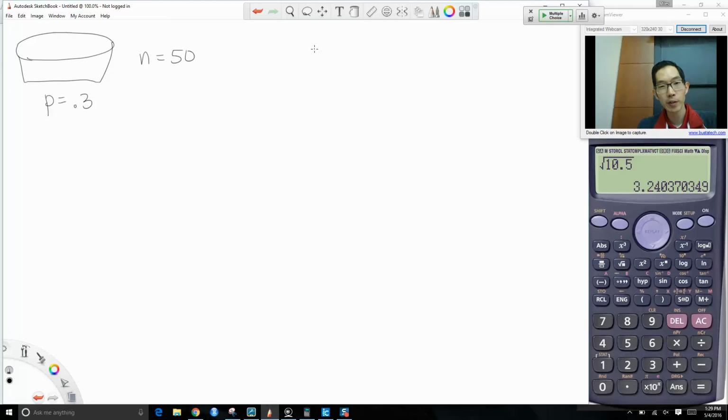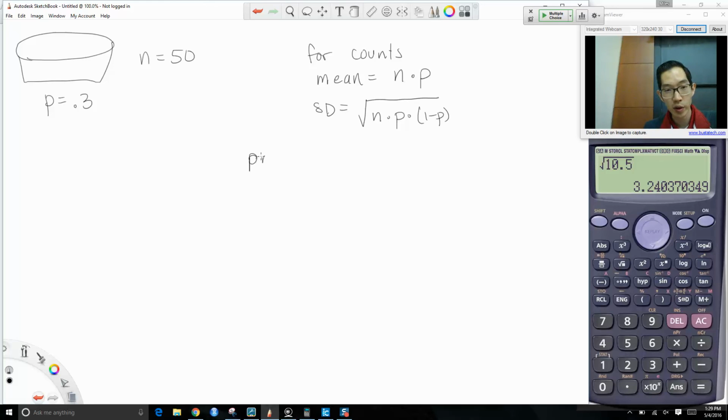So if we were dealing with counts, our mean is equal to n times p, and our standard deviation is equal to the square root of n times p times 1 minus p, okay? In order to turn these into proportions, all I would do is take each of these things and divide by n.